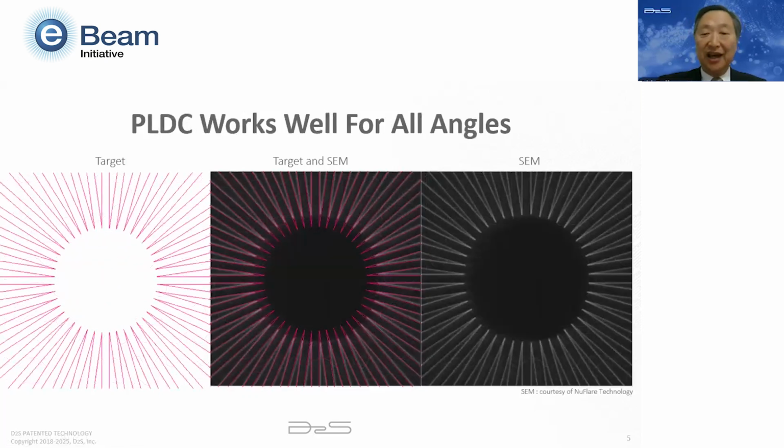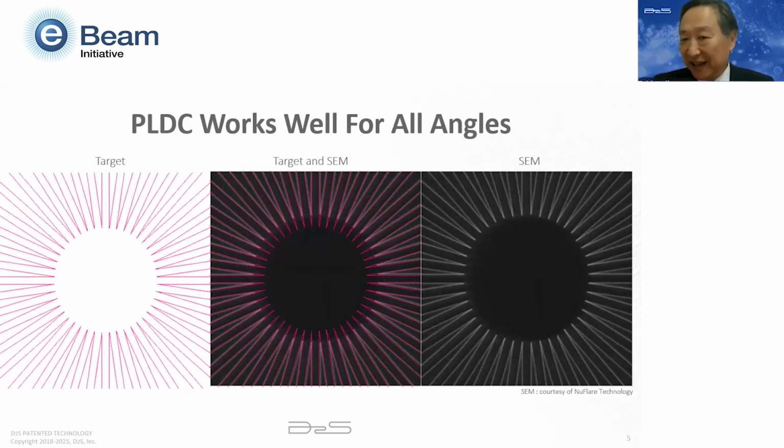Now, you can give it shapes that are mask rule incorrect. It will do the best it can. Right? These kinds of shapes where you have pointy ends, they're limited by both the pixel size of the mask writer and resist blur even before anything comes into play with PLDC.